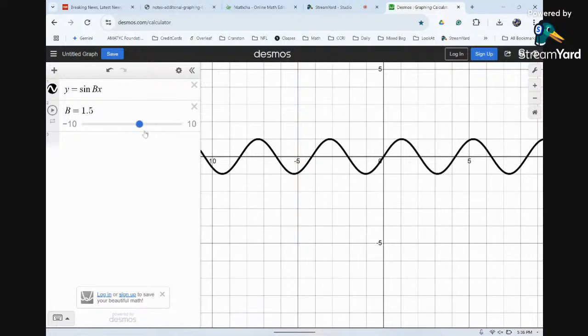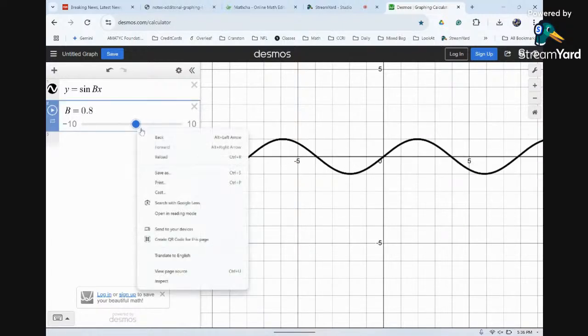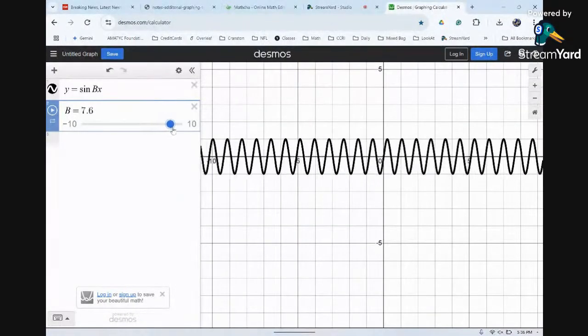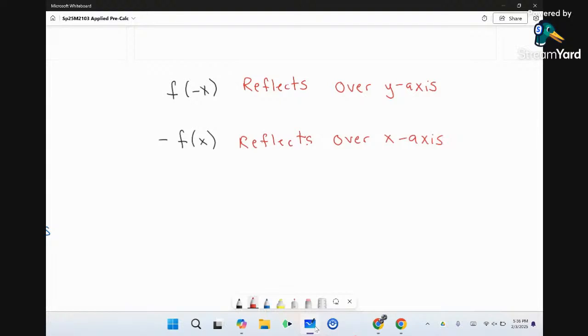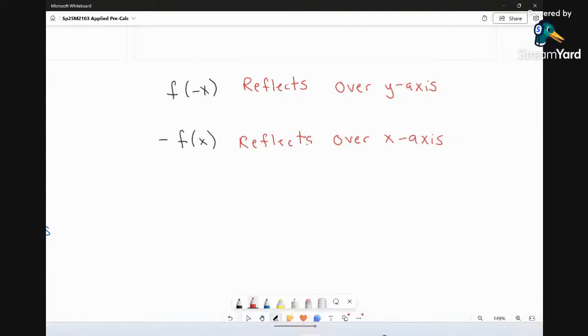You're pulling this thing way out. And then you can shrink it or compress it horizontally, and you start making different sine waves. So you're not changing the amplitude, you're not shifting the graph, you're changing its frequency. So in closing, and then I'm done for tonight, the final transformations.